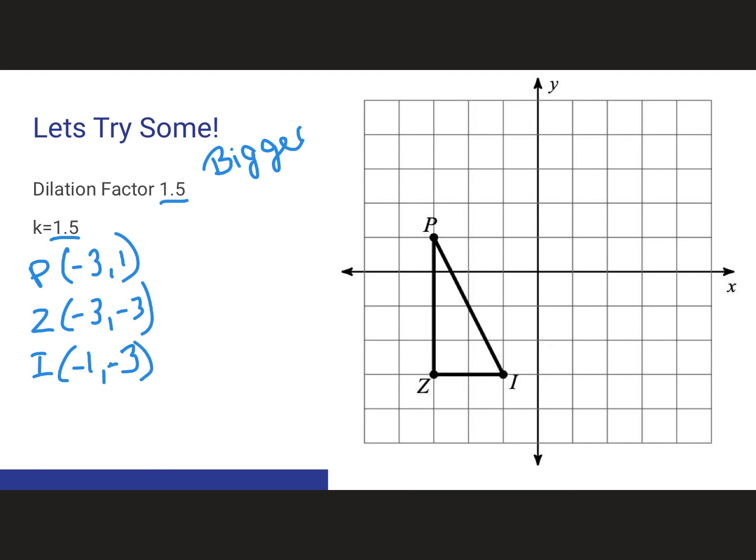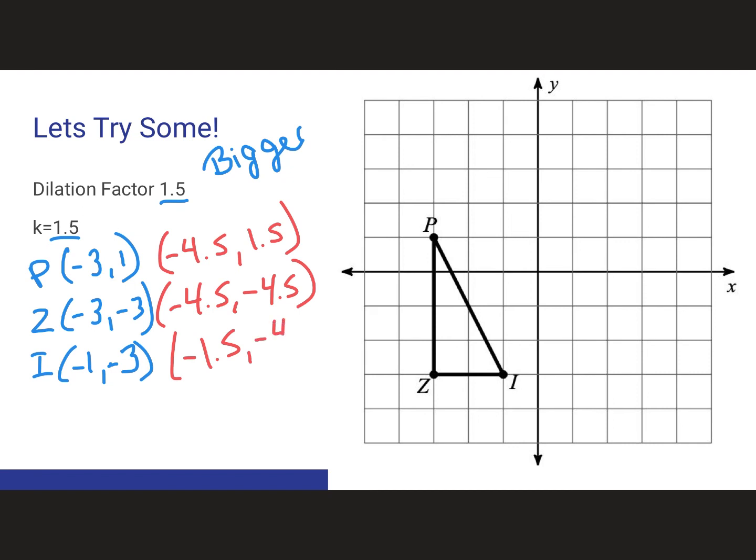So when I multiply by 1.5, that's going to become (-4.5, 1.5), (-4.5, -4.5), and (-1.5, -4.5). You can use Desmos if you need to multiply these.